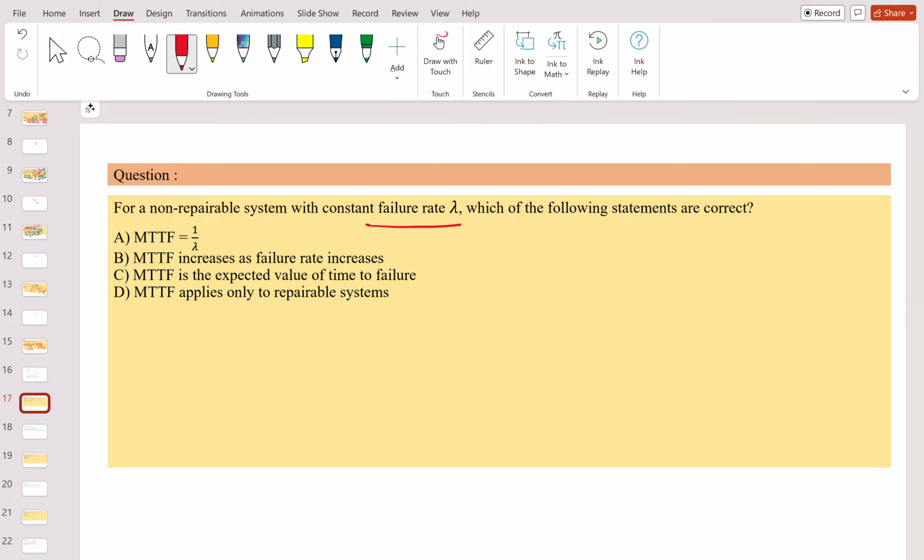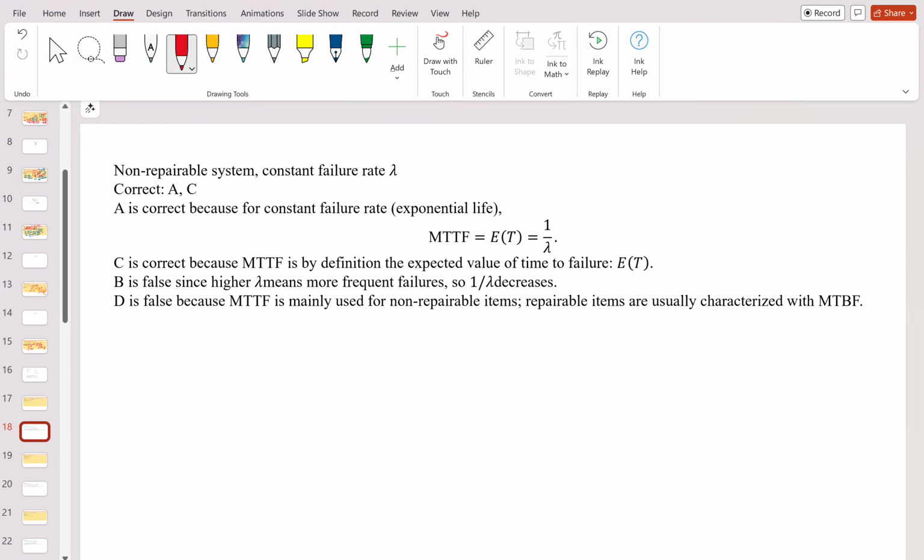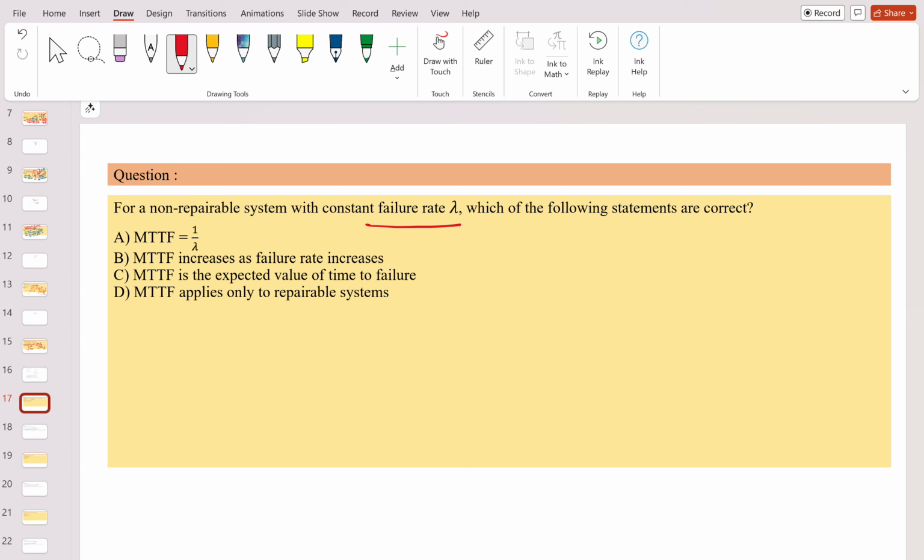Okay, I got multiple answers at option A. That is already correct. We already have seen mean time to failure. So here multiple options are correct. Option A is already correct, and it's a non-repairable system.